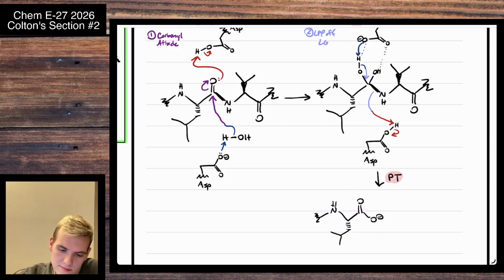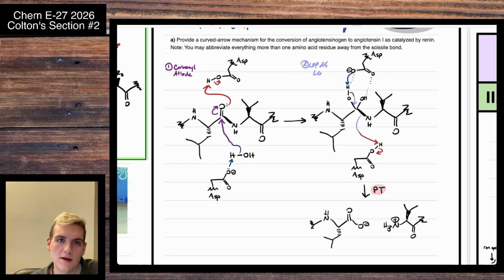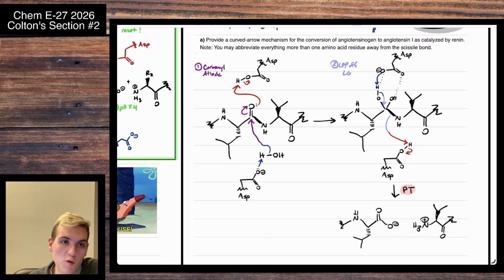And then, consequently, on the other side, the nitrogen, which is attached to all this, we want to have a positive charge, NH3+. Proton transfer lets us do that. So we have our 2 core steps, and then the little proton transfer at the end.